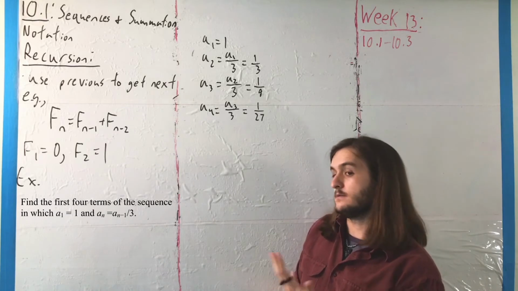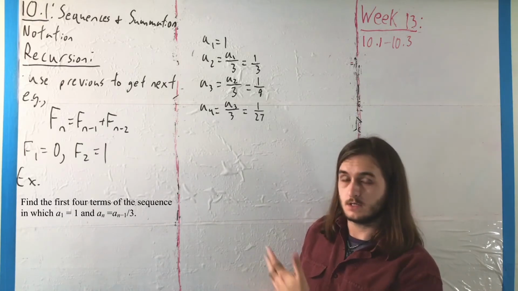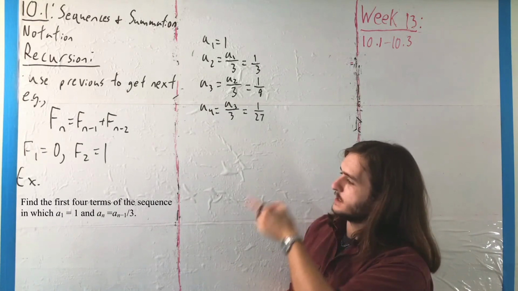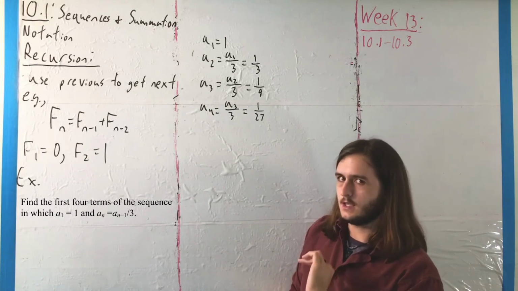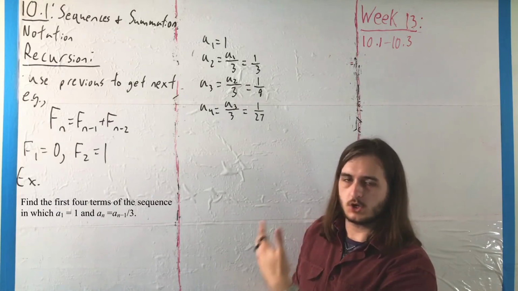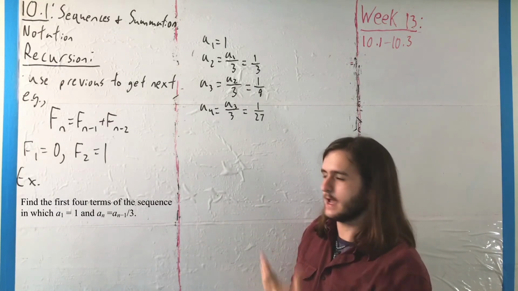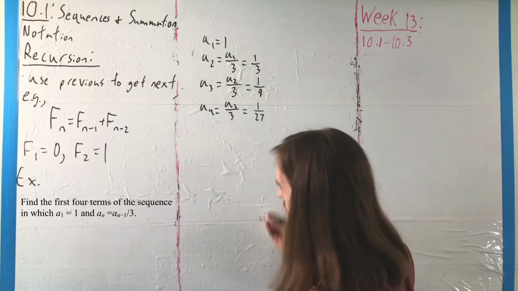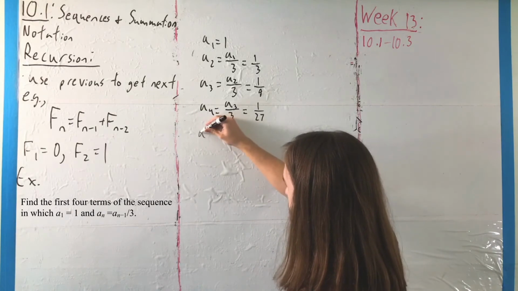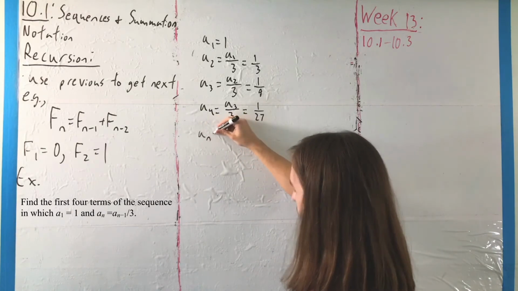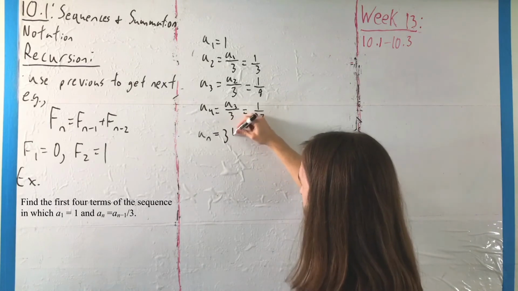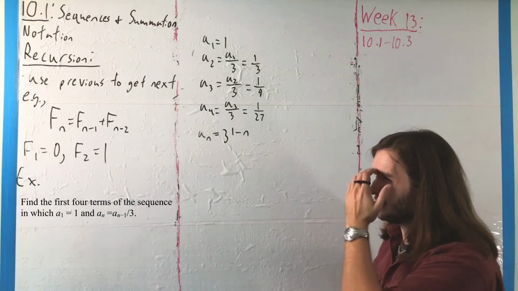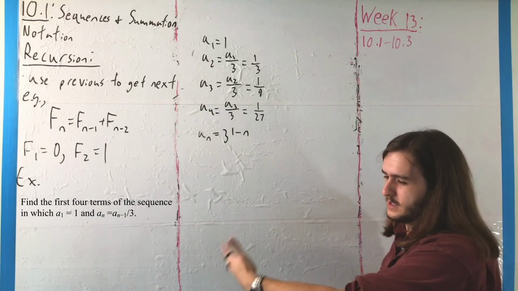And often in combinatorics, that is the math of counting, discrete math is another name you hear for it, you want to take something like this and be able to turn it into a general term formula, something closed. I can just tell you if I plug in n, I get out the value for an. In this case, if you're paying attention, you should be able to tell that an is going to follow the pattern 3 to the 1 minus n, or if you prefer, you could flip those around and say it's 1/3 to the n minus 1.